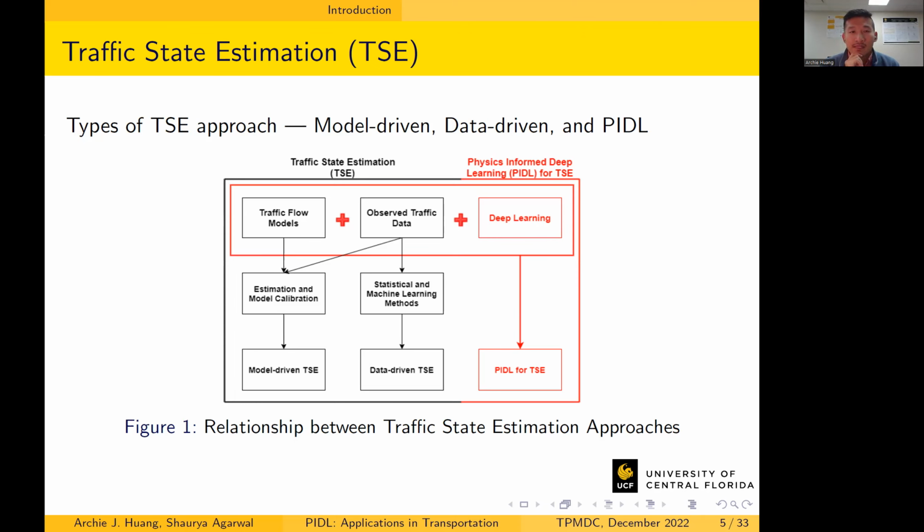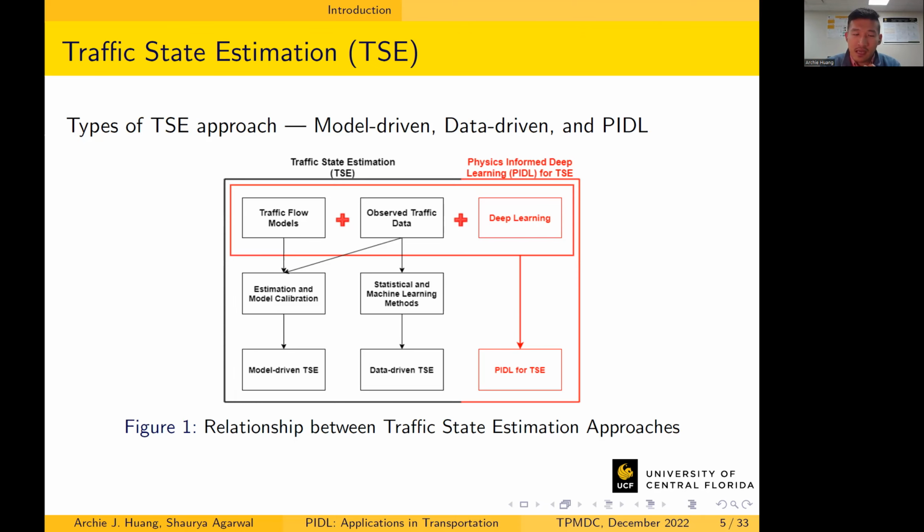But one limitation is that this usually requires a large amount of data, which is not necessarily always available. And on the right, finally, we have the physics-informed deep learning approach, which combines parts from these 2 established approaches.